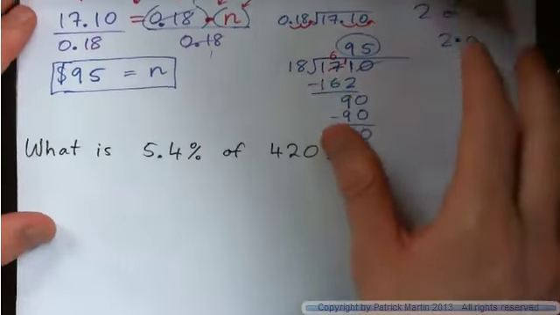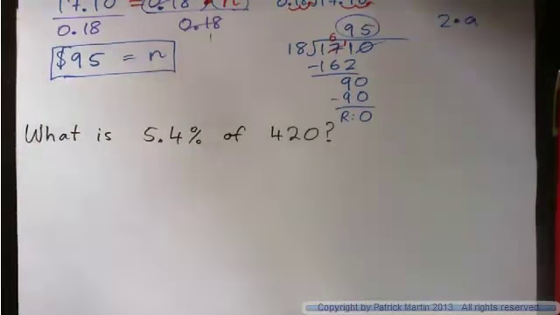Okay, by all means, press pause and try this one by yourself. See what you get, and then check the video. What is 5.4% of 420? Okay, this is the first type we tried.